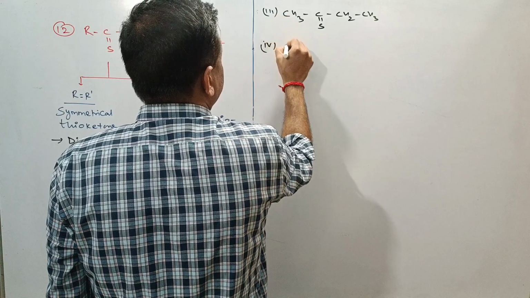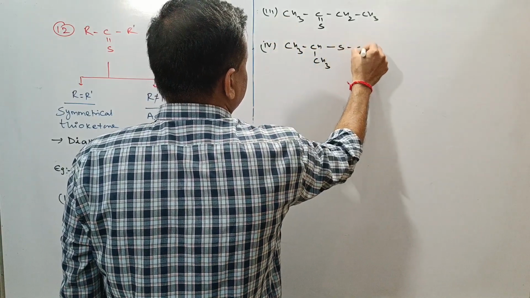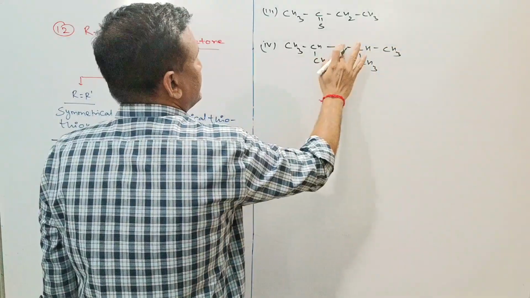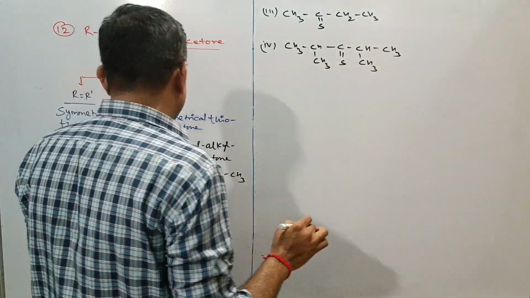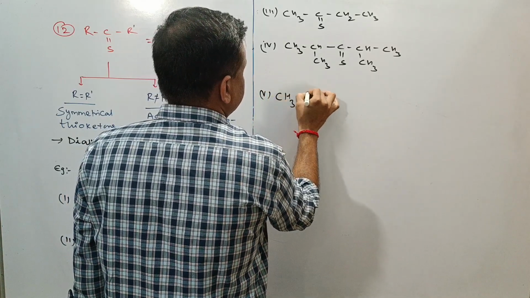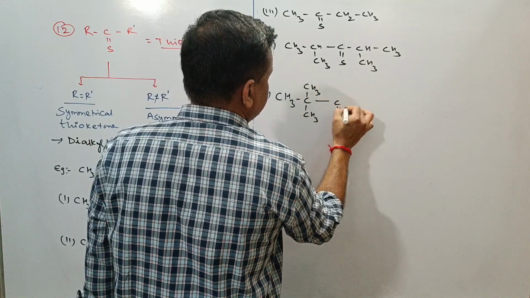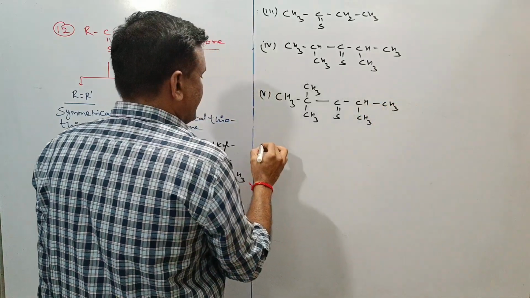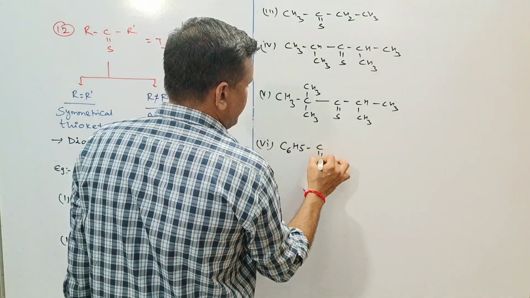Fourth compound, CH3, CH, C double bond S, CH3. Fifth, CH3, C, C double bond S, CH, CH3. Sixth compound, C6H5, C double bond S.